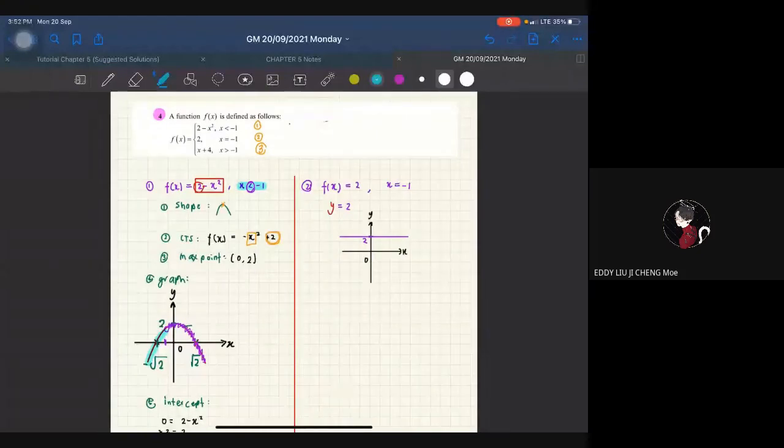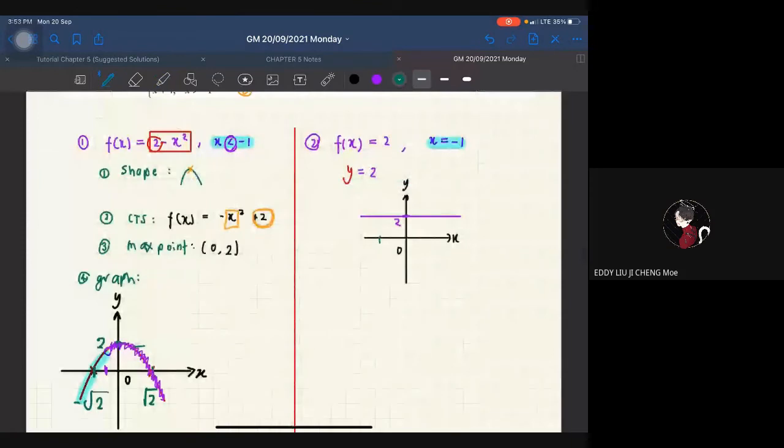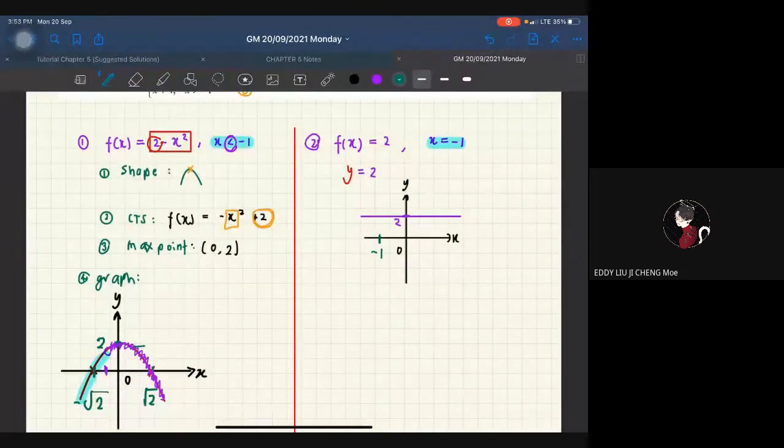Okay, tapi awak kena tengok domain baru yang soalan bagi. So soalan cakap, kita punya domain untuk this function hanyalah pada x equal to -1. So -1, dia somewhere over here. -1. Okay, so macam mana bentuk graf awak ni sekarang?